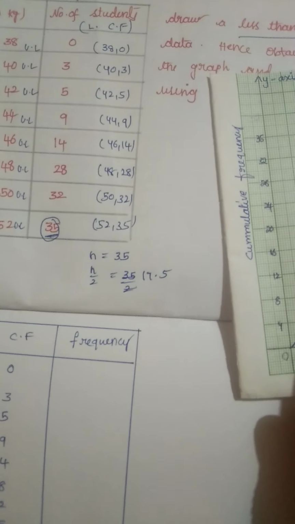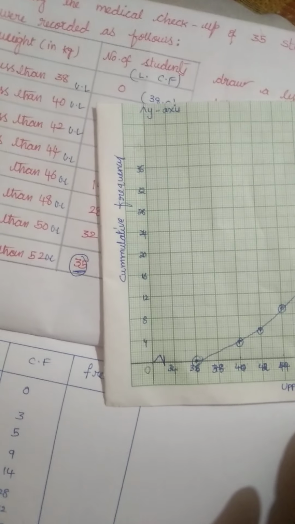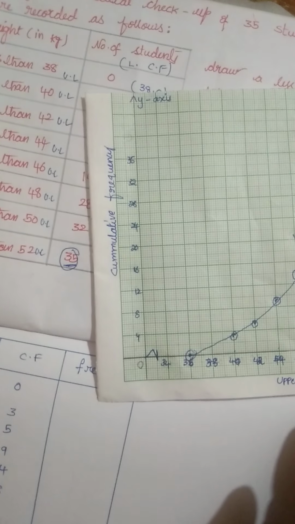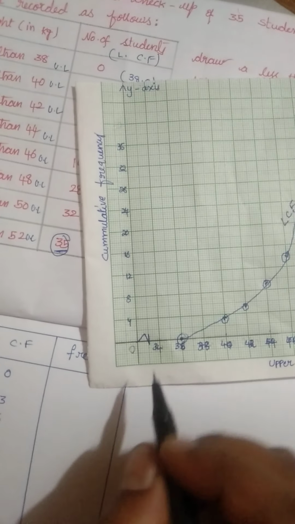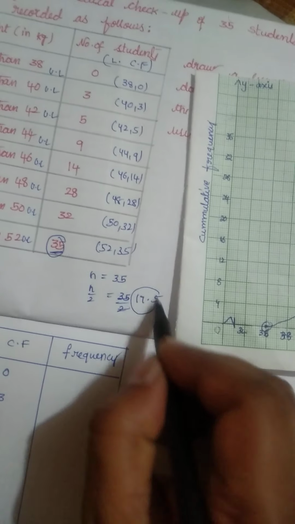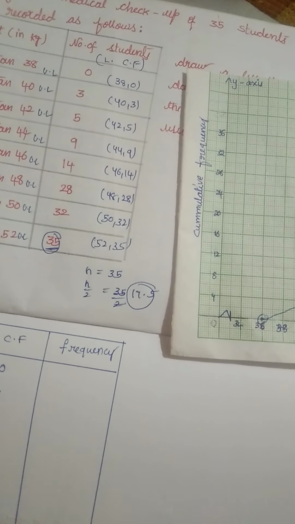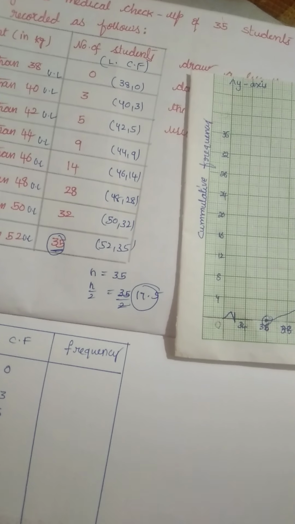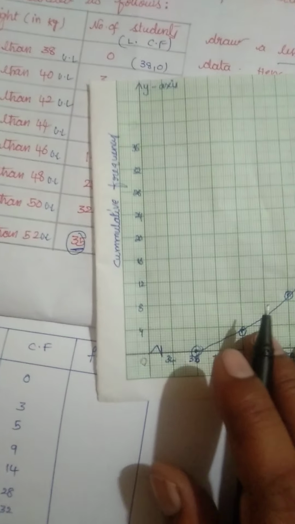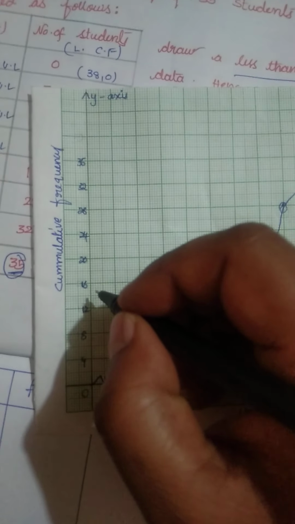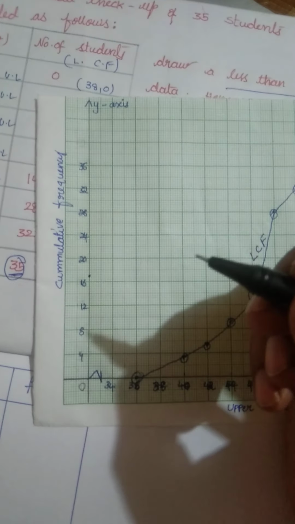So on the y-axis, where is 17.5? You locate the point on the ogive whose ordinate is 17.5. As we got n by 2 value 17.5, the x coordinate of this point is the required median. On the y-axis, 17.5 lies between 16 and 20.